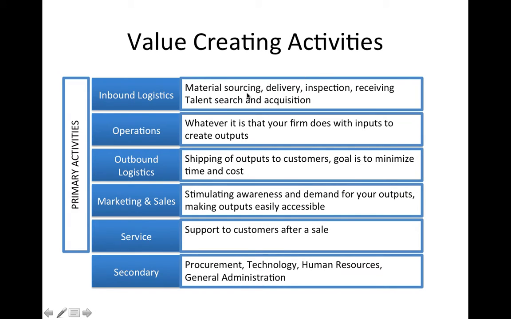So that could be material delivery, inspections, particularly if you're importing stuff or you've got a quality inspector for something. The receiving docks that you have could also be, if you are a service firm, how you keep good quality talent coming in regularly. So really it's searching and recruiting and interviewing and all those sorts of things.